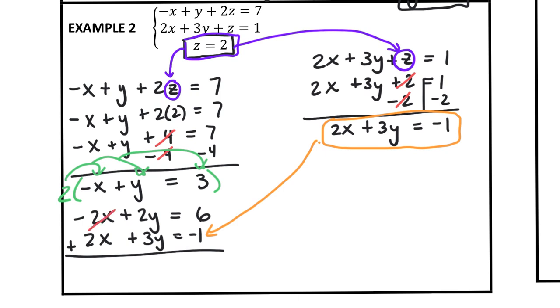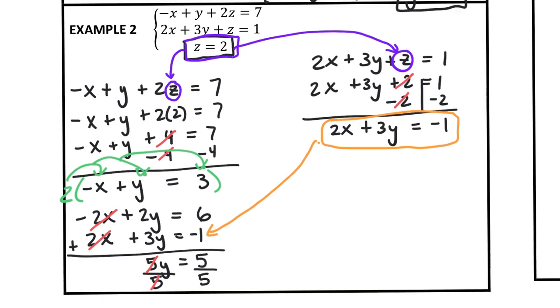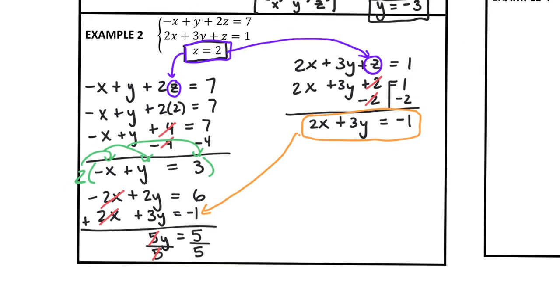It's going to cancel. What's 2y plus 3y? It's 5y. And then what is 6 minus 1? That's positive 5. Then we can divide both sides by 5. It's going to cancel here. And I'm going to get y equals 1.